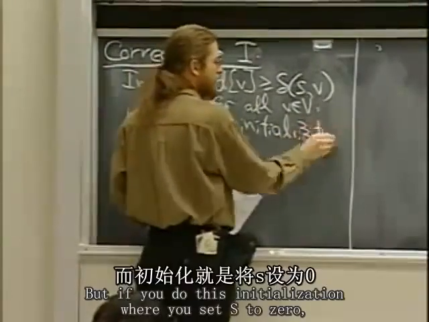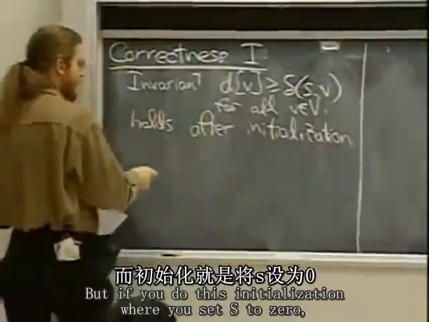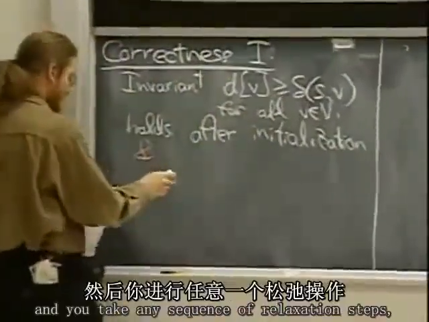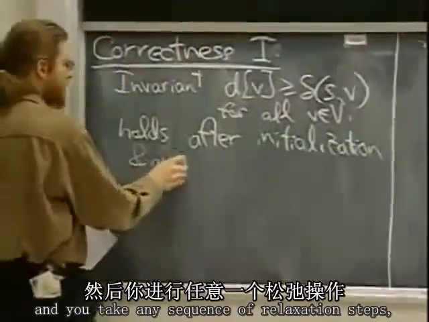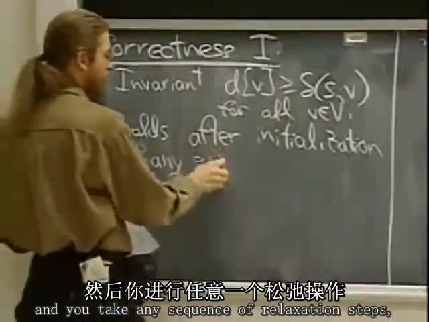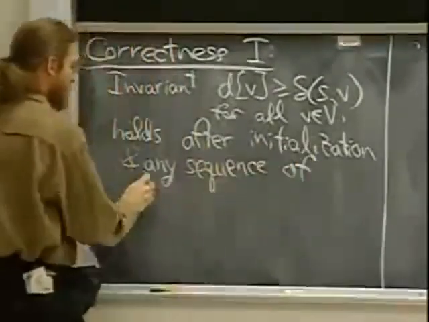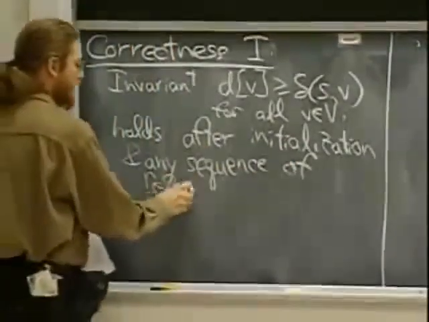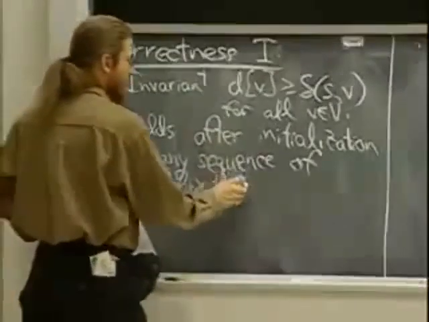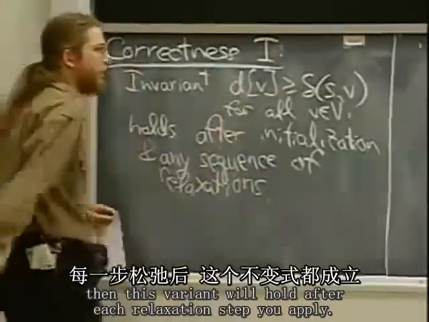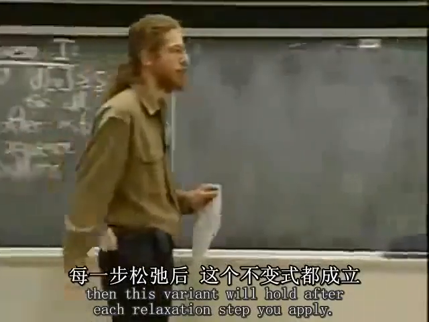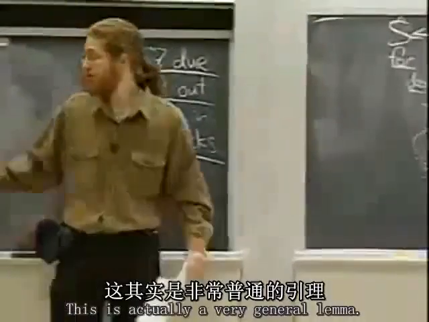But if you do this initialization where you set s to 0 and everyone else to infinity, and you take any sequence of relaxation steps, then this invariant will hold after each relaxation step you apply. This is actually a very general lemma.